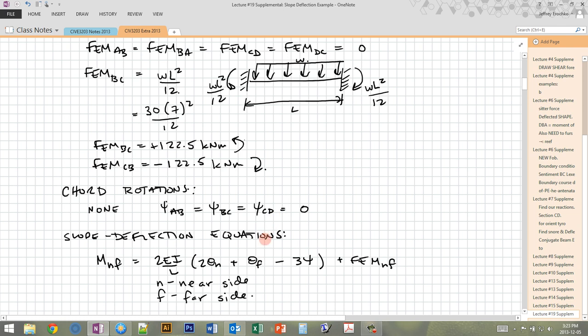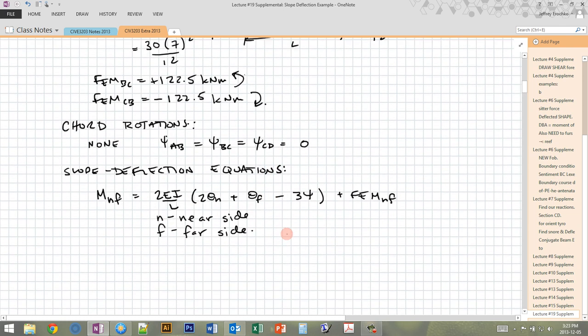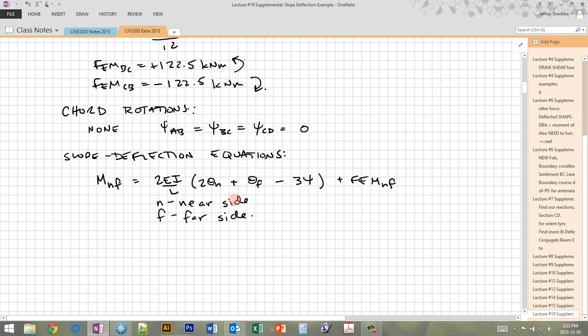So for a general fixed condition where both ends of the member in reality are fixed and there's no pin at the end of a single member, then we use this slope deflection equation for fixed, which looks like this in the general form, where n is the near side of the member and f is the far side of the member.